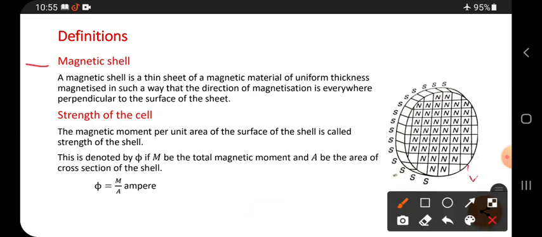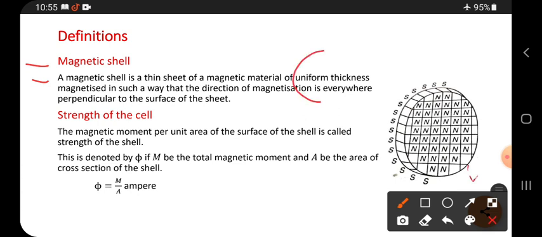So first, magnetic shell. What is a magnetic shell? A magnetic shell is a thin sheet. It is a very thin sheet of magnetic material of a uniform thickness, magnetized in such a way that the direction of magnetization is everywhere perpendicular to the surface of the sheet.